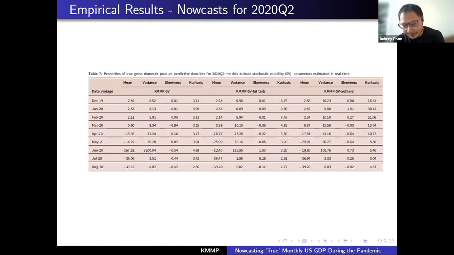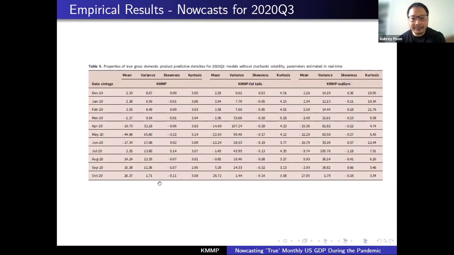Like I said, it could be because of that big shift in unemployment, and because in the ADNS model, we used the unemployment to identify the model, and that could be one of the reasons. But I guess the whole theme is that as we progress through each data vintage, we get more and more negative numbers.